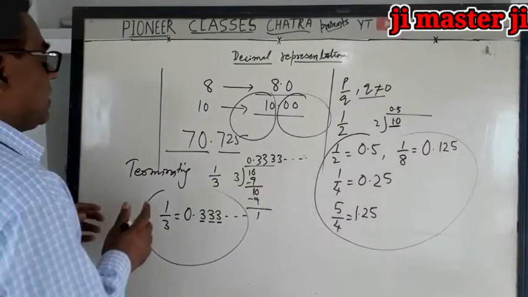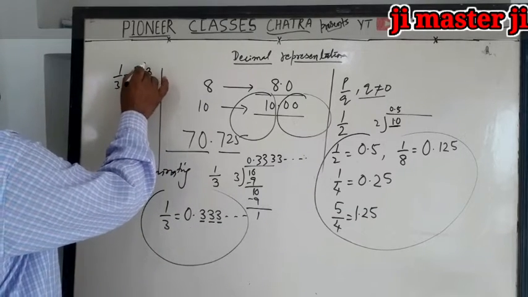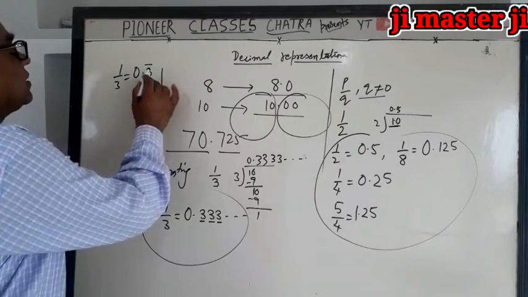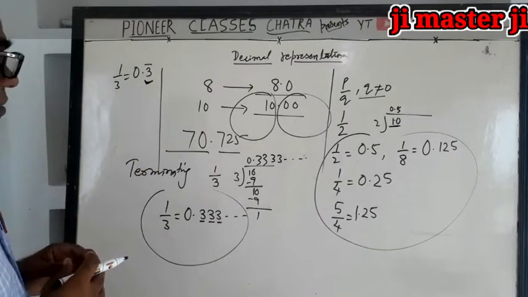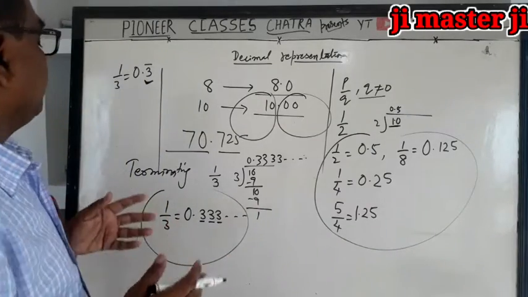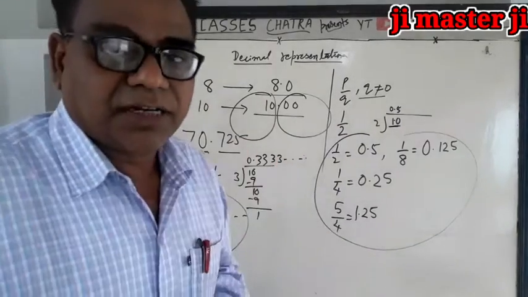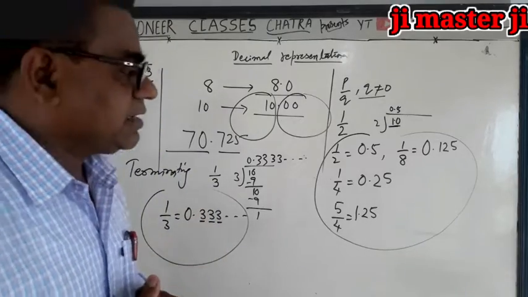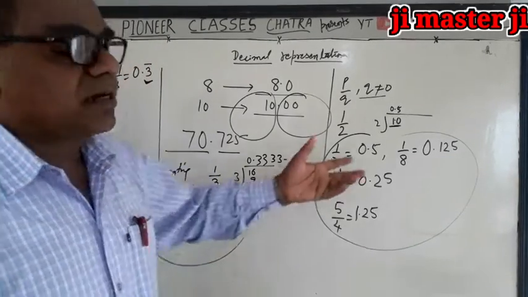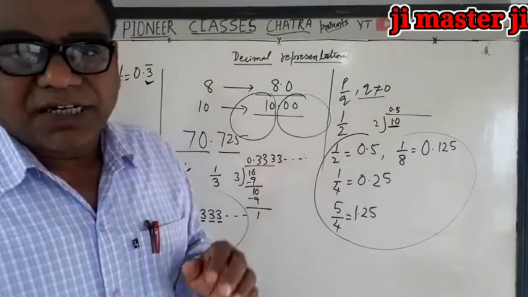So we can say 1 by 3 is equal to 0.3 recurring. This 3 is repeating. So the decimal representation can be of the form non-terminating but repeating. So always remember guys, the decimal representation of a rational number is either terminating or non-terminating but repeating.